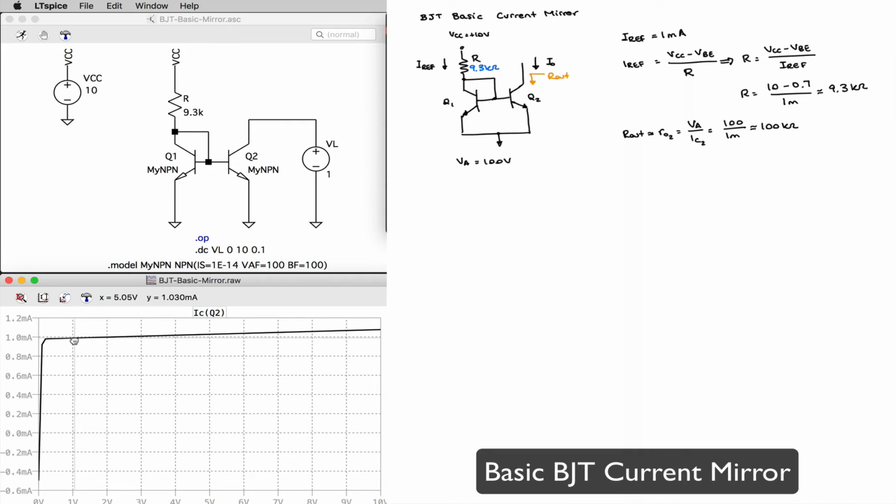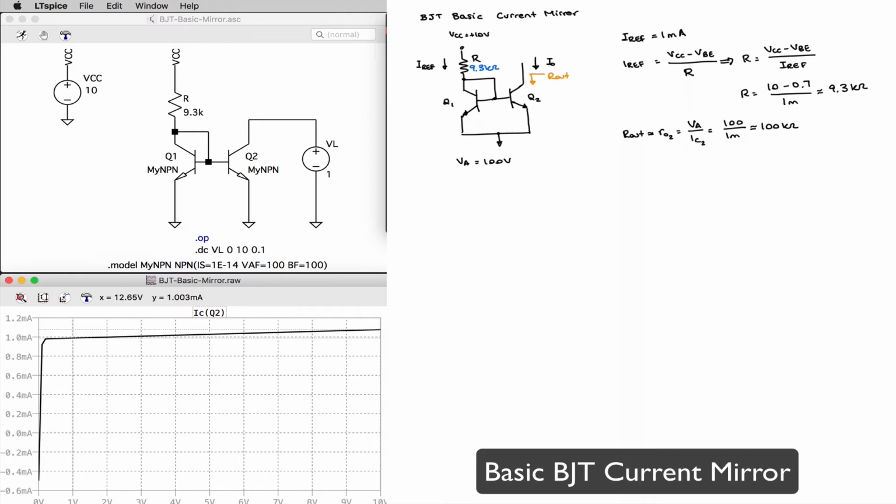And I'm going to move it to around 1 volt and measure my current there, and then I'm going to put another cursor, my cursor 2, at 10 volts, and that's going to give me a 9 volt delta.